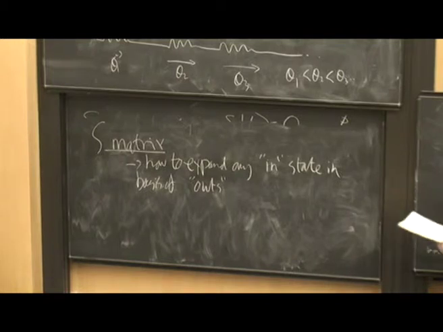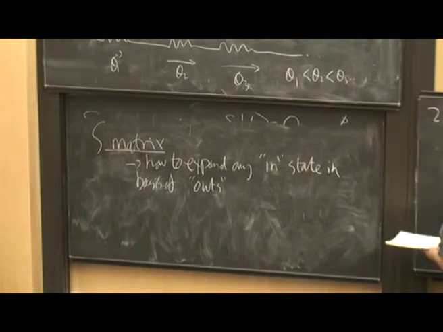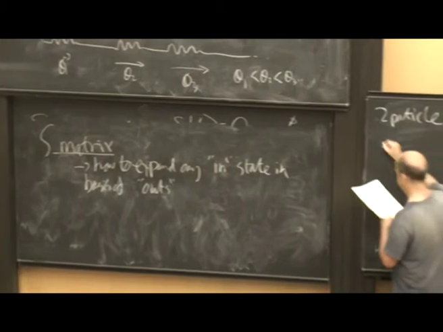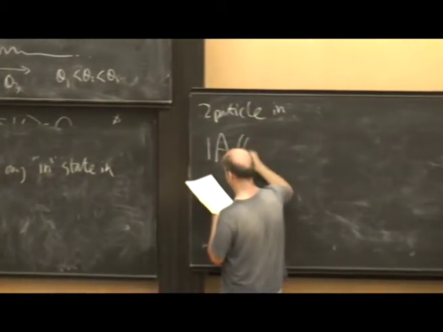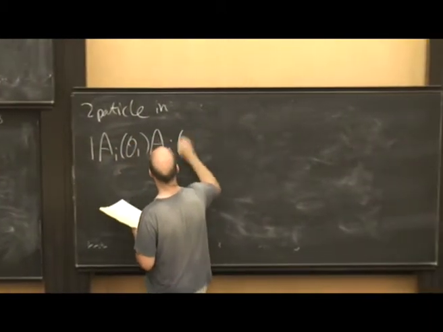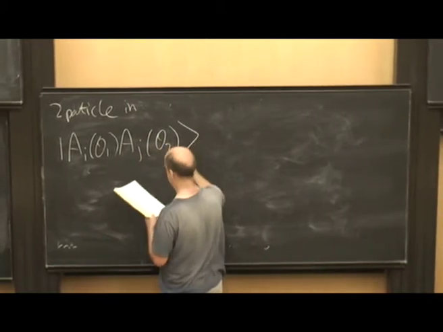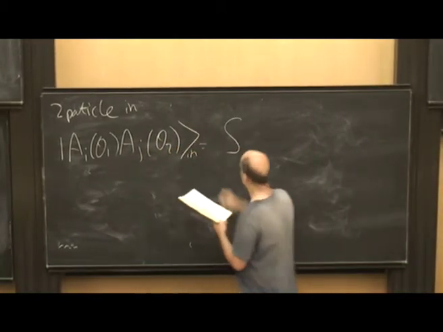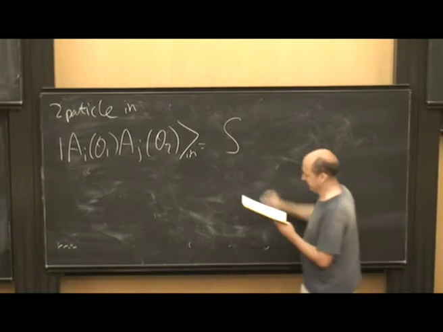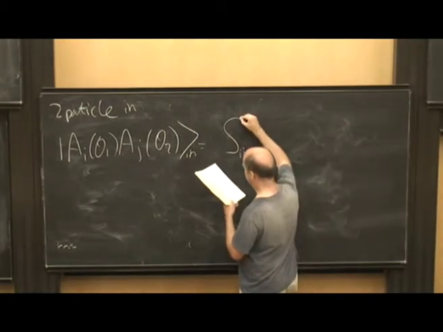And formally we'd say we start with a two particle in state, then we'd have A_i of theta 1, A_j of theta 2 in would be, well, the first thing it could be is some combination of two particle states.